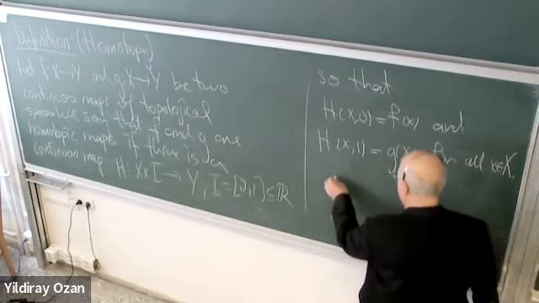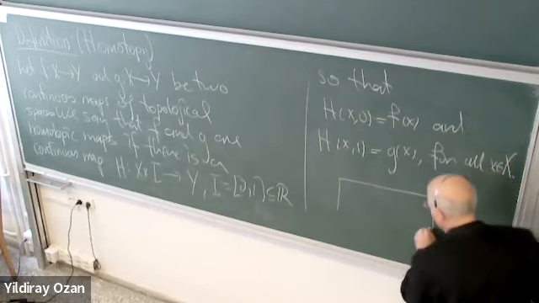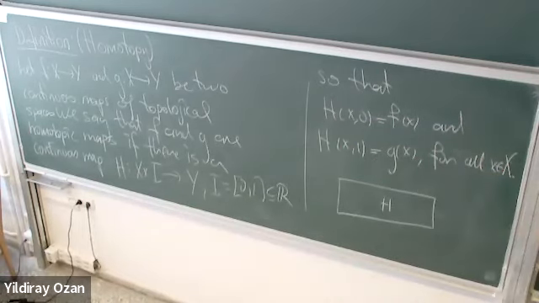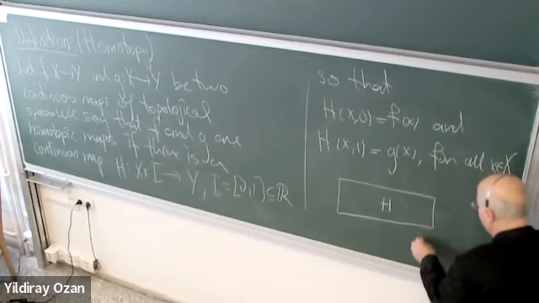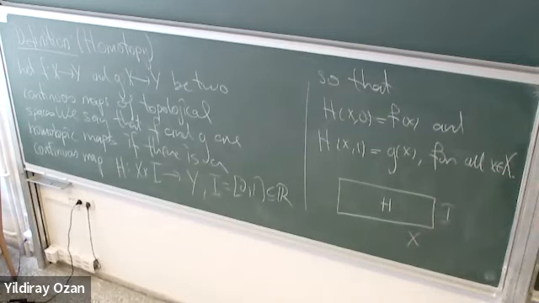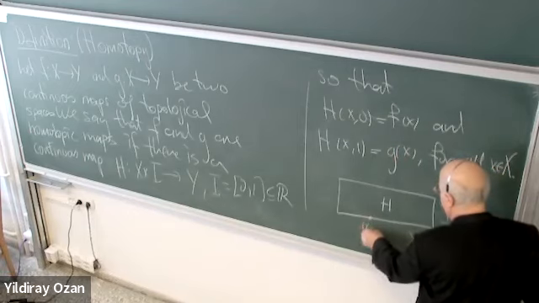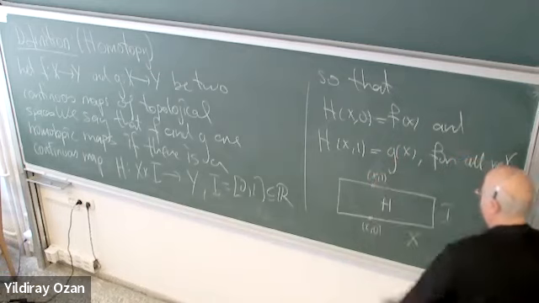We picture this as follows. We say our homotopy is this H, and here this is the product space X, and this is the interval [0,1]. A point here is just (x,0). A point here is just (x,1).